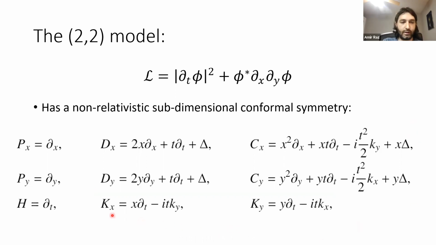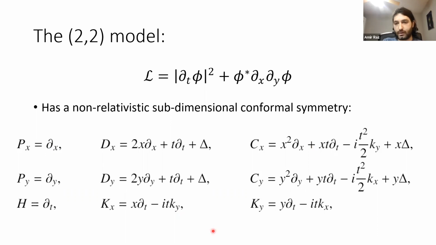And so they fall into these subdimensional conformal symmetries where H is shared between the 2 subdimensional conformal algebras, but otherwise py, dy, cy, and ky, all these generators together form the 1+1 subdimensional conformal symmetry in the y direction, and the other 4 plus the Hamiltonian H form the subdimensional conformal symmetries in the x direction.